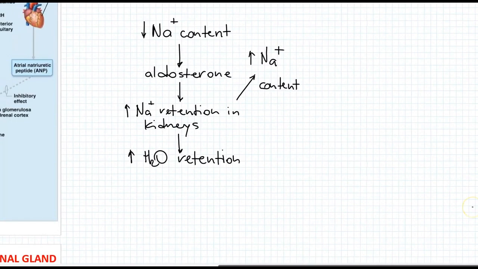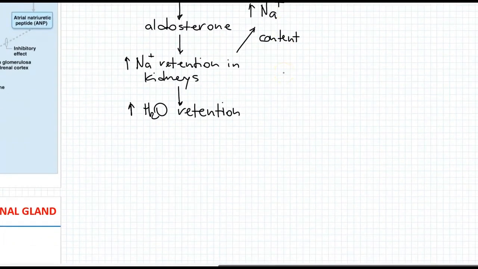Okay, good. Now when you retain water, what happens to your blood volume? Yes. So your blood volume, BV, increases. When your blood volume increases, what happens to your blood pressure?